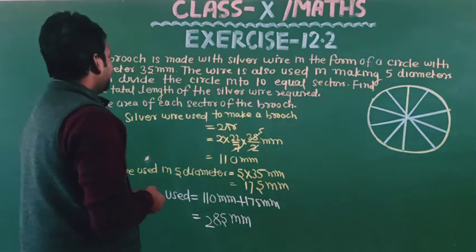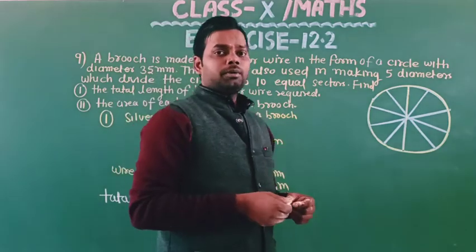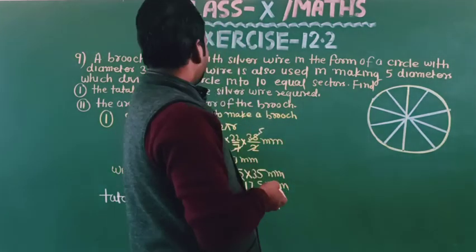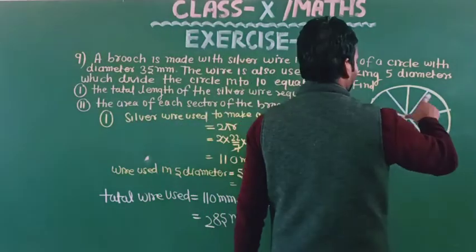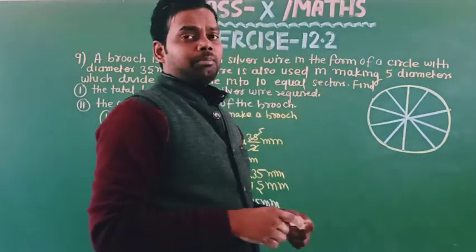So the area of each sector of the brooch we will find by using the formula of area of a sector. Here the whole circle is divided into 10 parts.